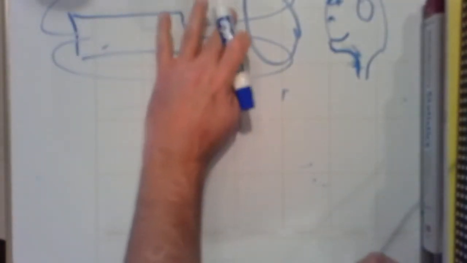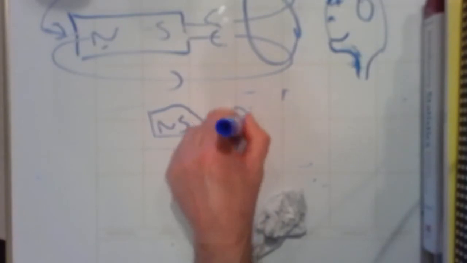Okay, what if I have a south end? Now my magnetic field lines flow like this, into south, out of north. And what if I'm moving my magnet toward?